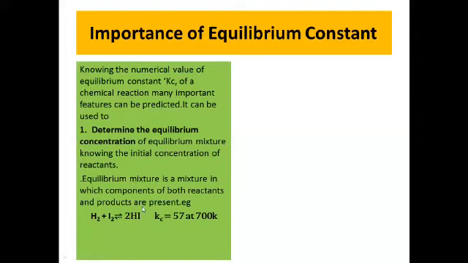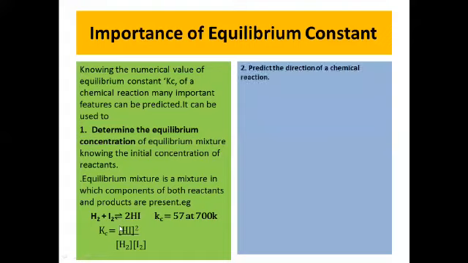In the reaction mixture, hydrogen gas, iodine gas, and hydrogen iodide all will be present. So if we know the concentrations of these two reactants, hydrogen and iodine, and also the Kc value, then it will be easy to find out the concentration of the product, hydrogen iodide.